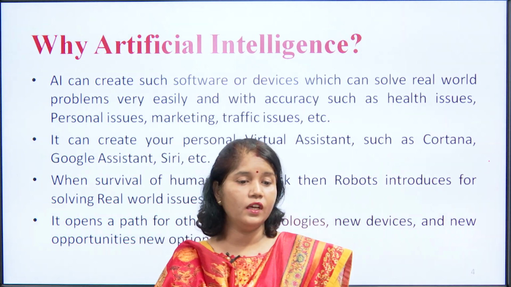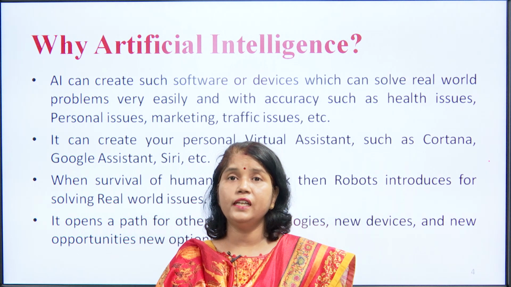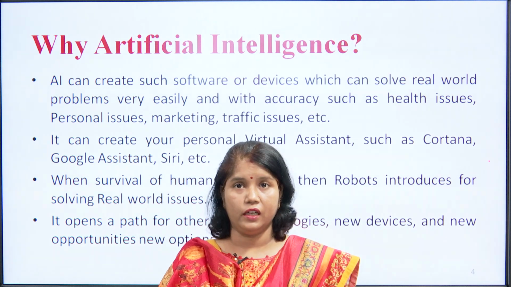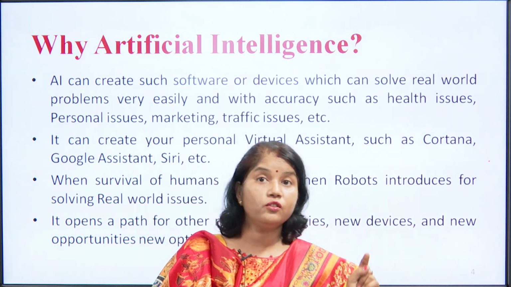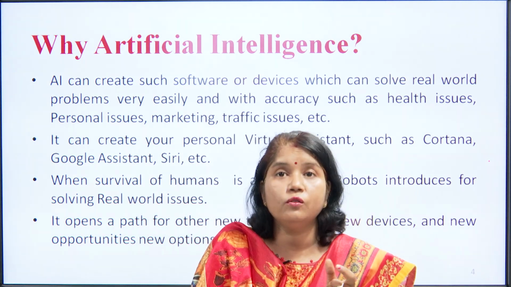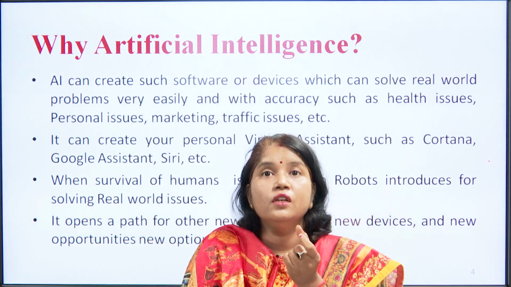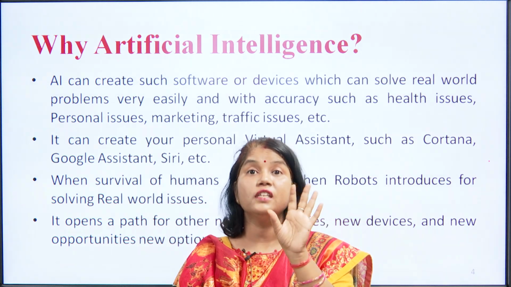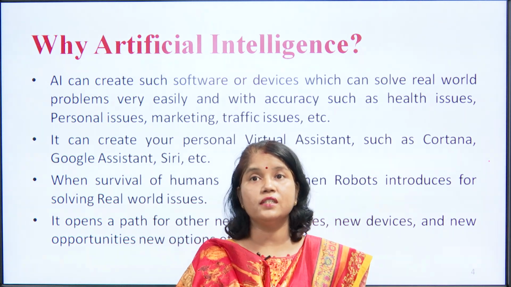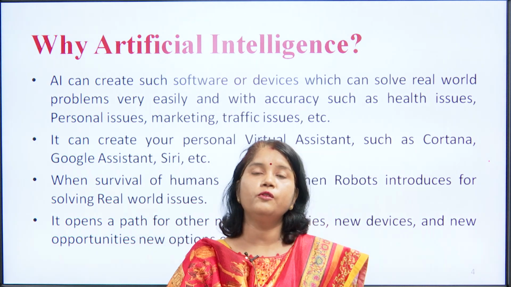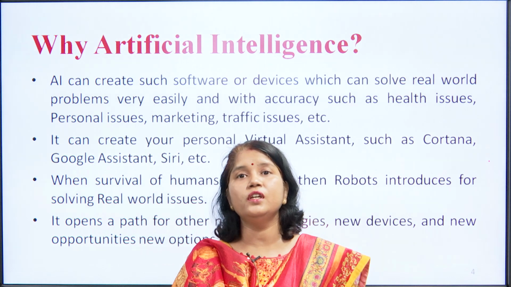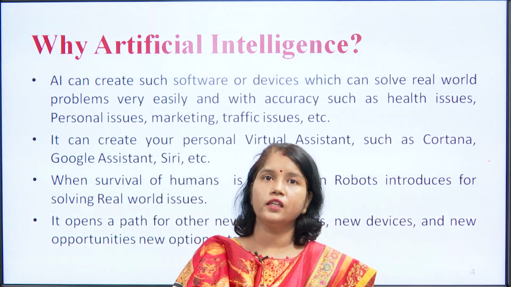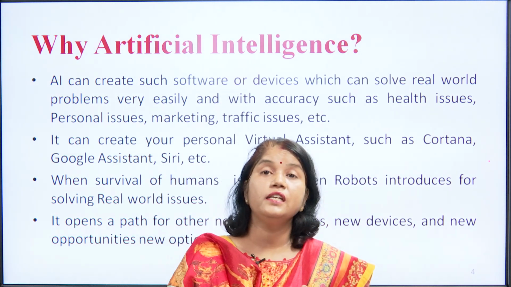So, here is why artificial intelligence is important. Artificial means you have to create a copy of the natural thing, only a copy of that particular thing. You have to create software and devices that will solve real world problems. Real world problems are whatever is happening in your surroundings.